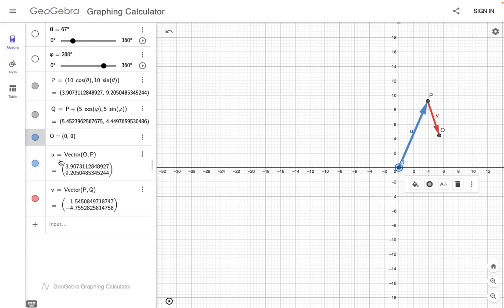Here in the GeoGebra graphing calculator, we can use the Vector command. Vector OP takes the starting point and the end point, as you can see.